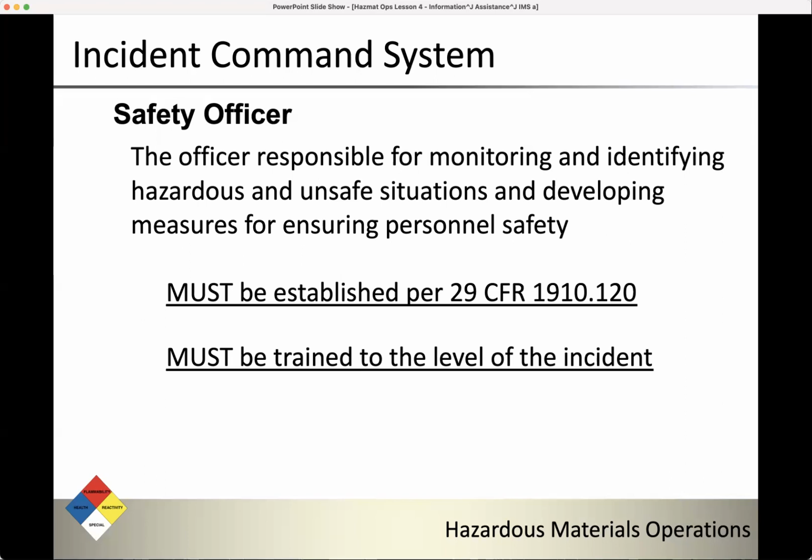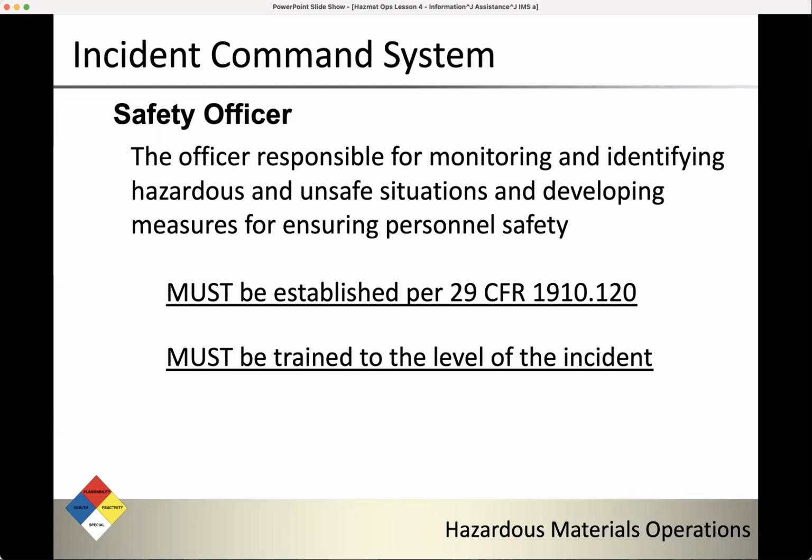But remember, hazmat operations level personnel perform defensive actions, defensive tasks. If the incident commander determines that this incident can be managed through defensive actions, then it is an operations level incident. Therefore, the safety officer can be trained to the operations level. If they're higher, say technician, that's okay.